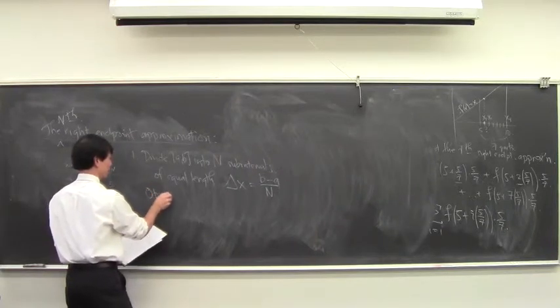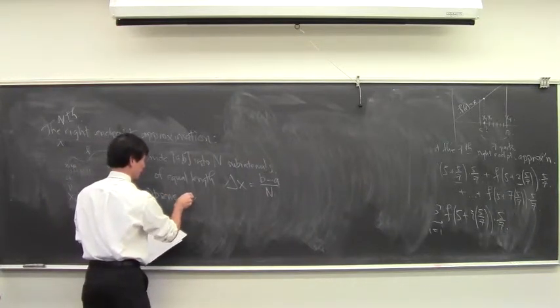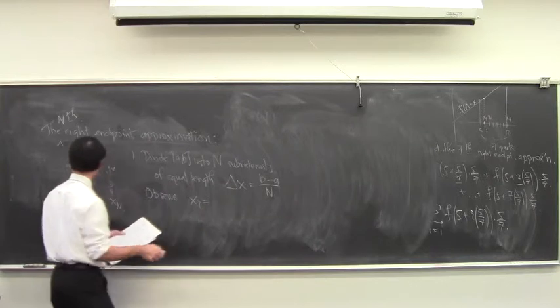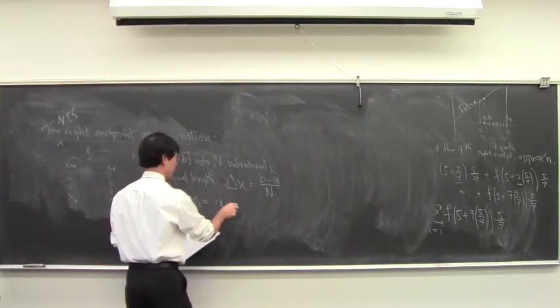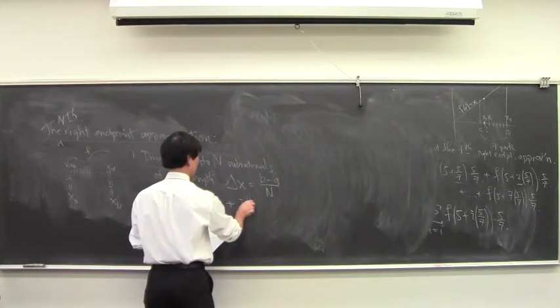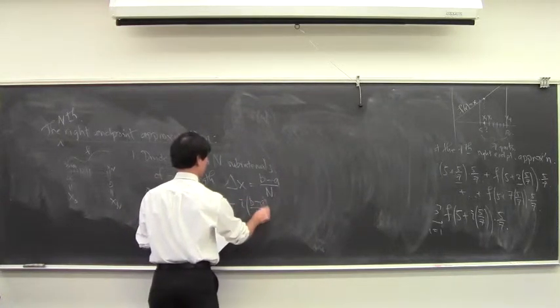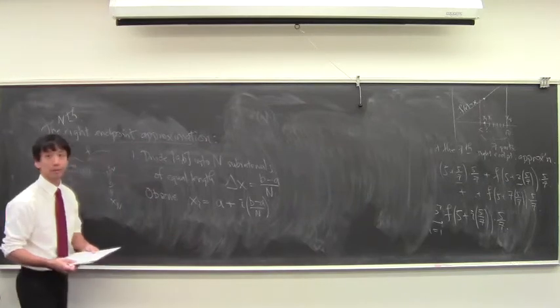Observe that xi is the leftmost point, a, plus i times (b minus a) over n, right? i times delta x.